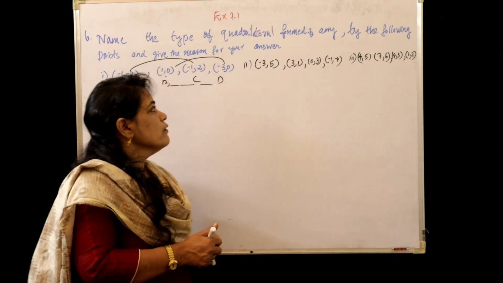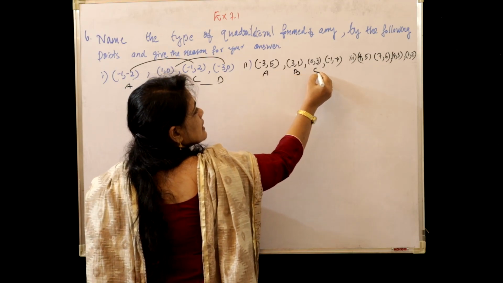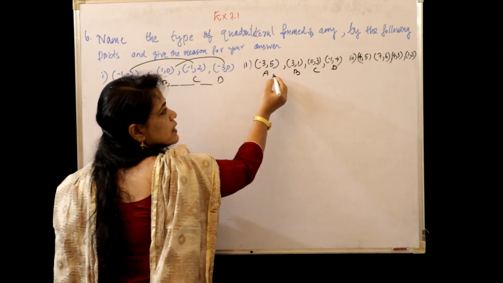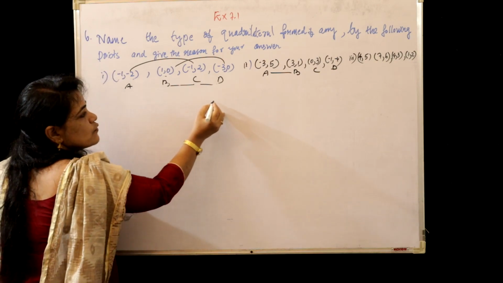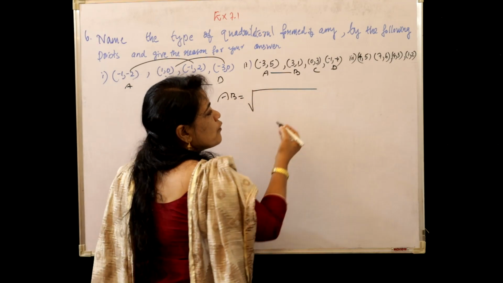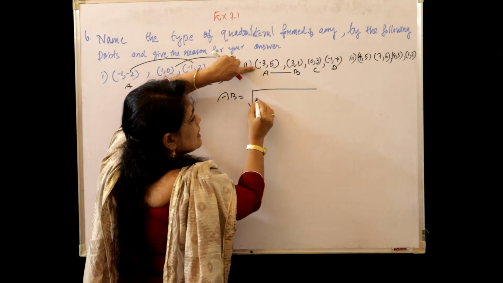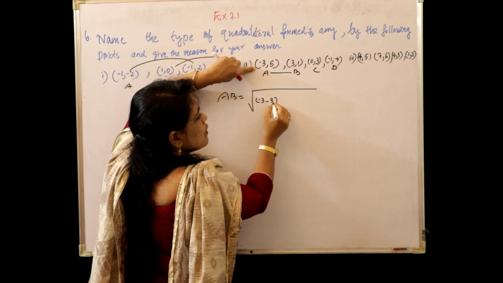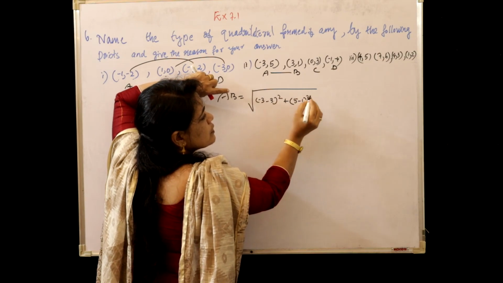Okay, so one by one, let it be A, this is B, C and D. First we are going to check what is AB. AB by distance formula, AB equal to root of (x1 minus x2), that is minus 3 whole square, plus (y1) 5 minus 1 whole square.